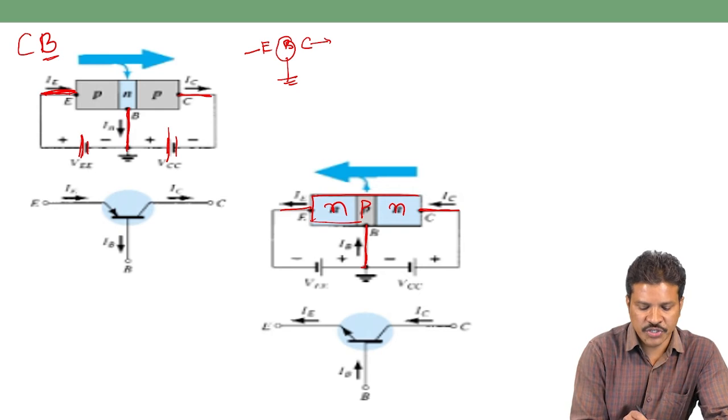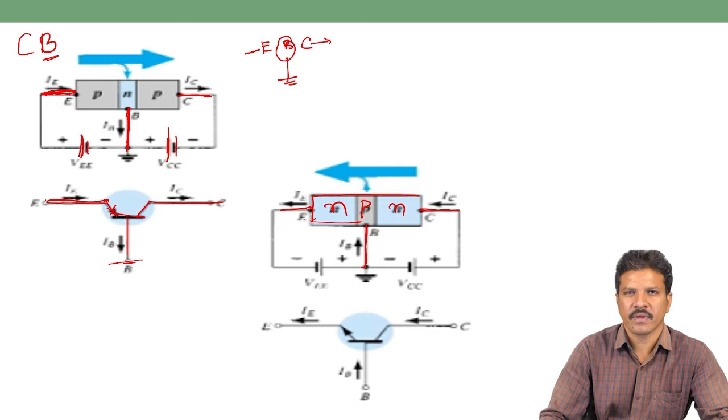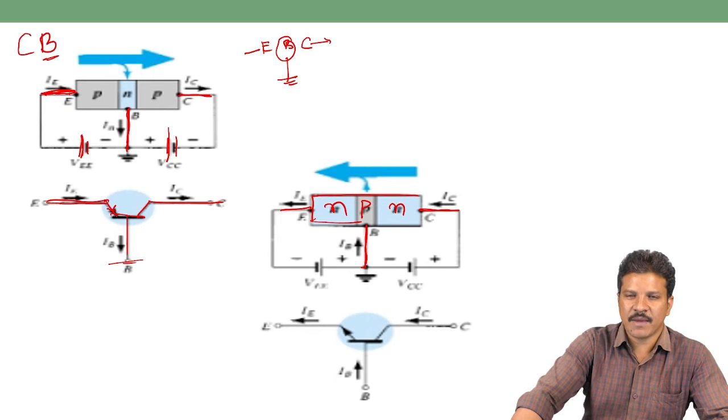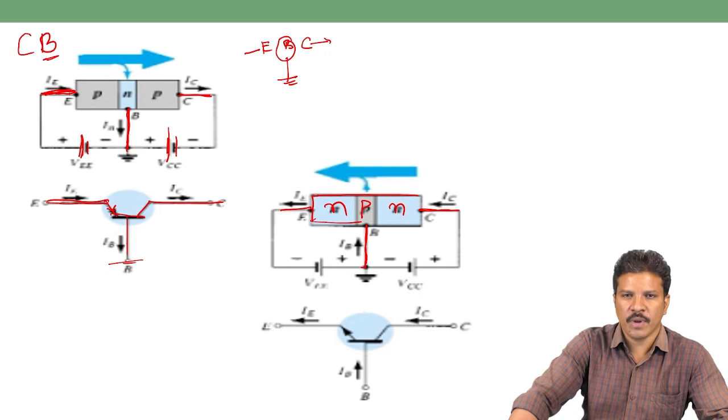In the symbol notation for this common base configuration, the base is connected to ground, the collector is the output, and the emitter is the input. When we see this type of diagram, we have to note the currents and voltages: the current at each terminal and the voltage at the input side and output side.